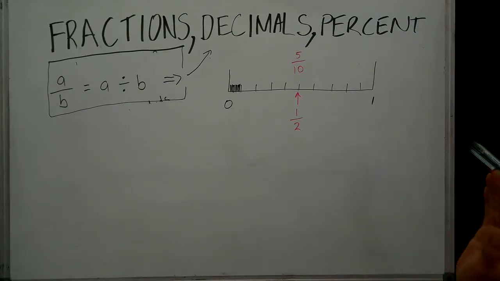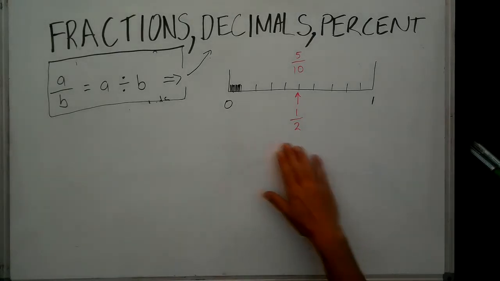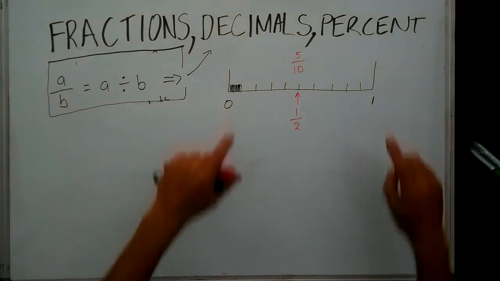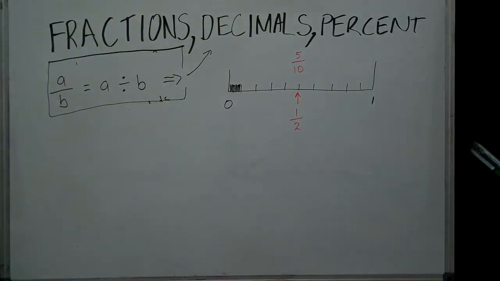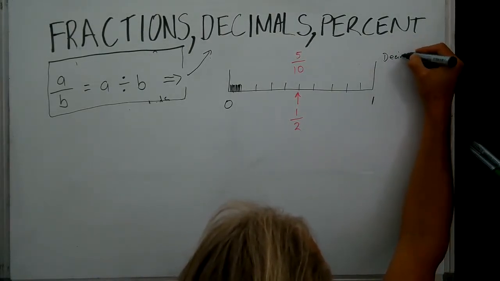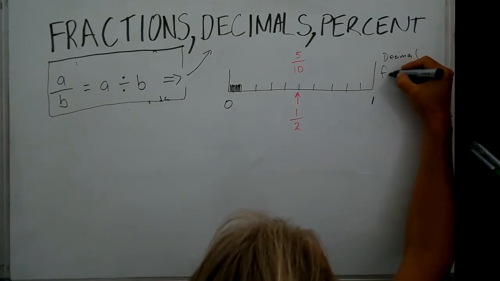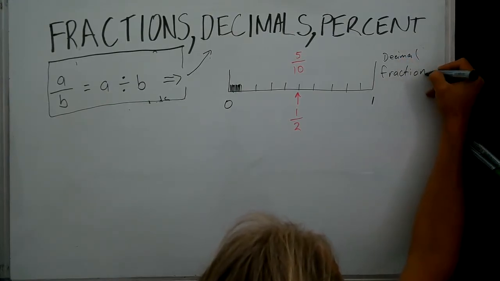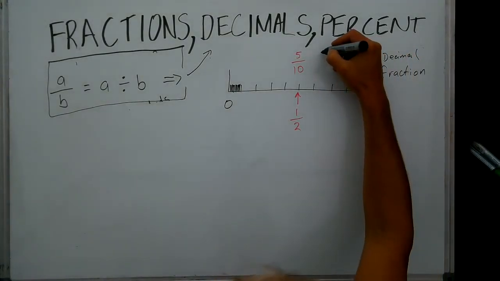Whereas a percent, it's a slightly different way for us to talk about these sort of proportions between 0 and 1. And really, this is decimal, fraction. So this is our real number line.